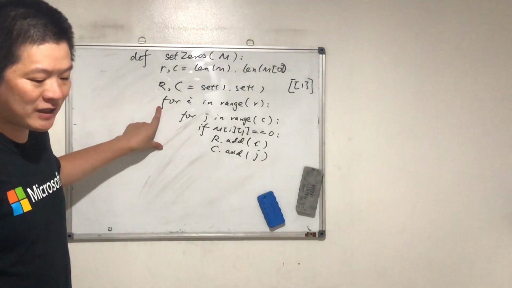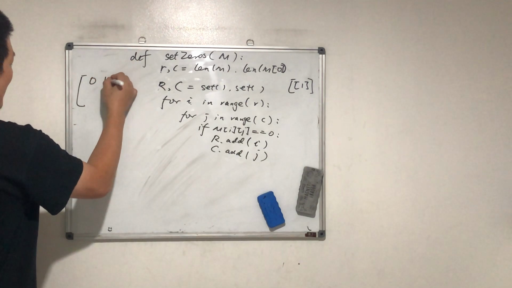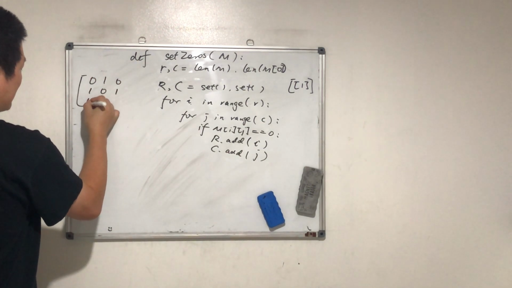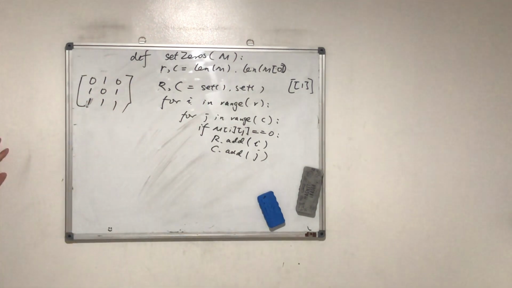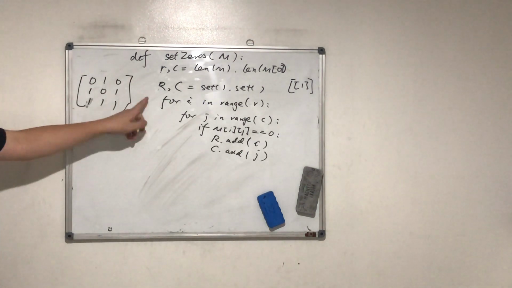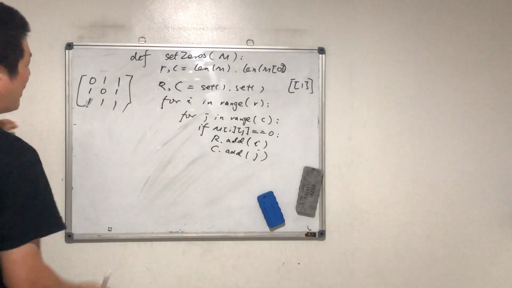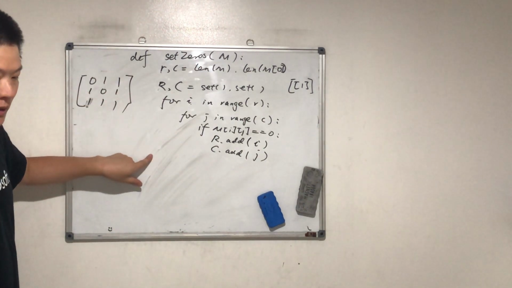So first of all, we go through these elements, so let's do that again. 0, 1, 0, 1, 0, 1, 0, let's do this, 1, 1, 1. So what after this? All of them are going to be zeros. So what happened to R and C after these two loops?